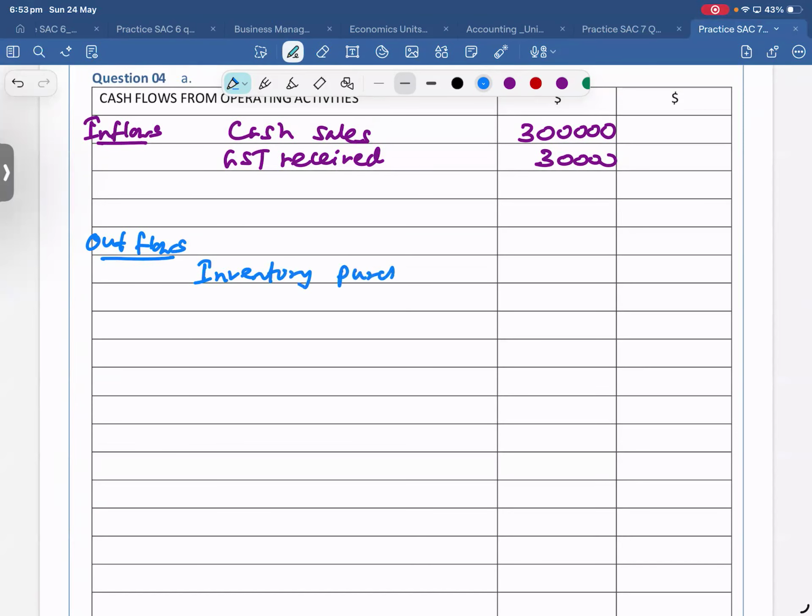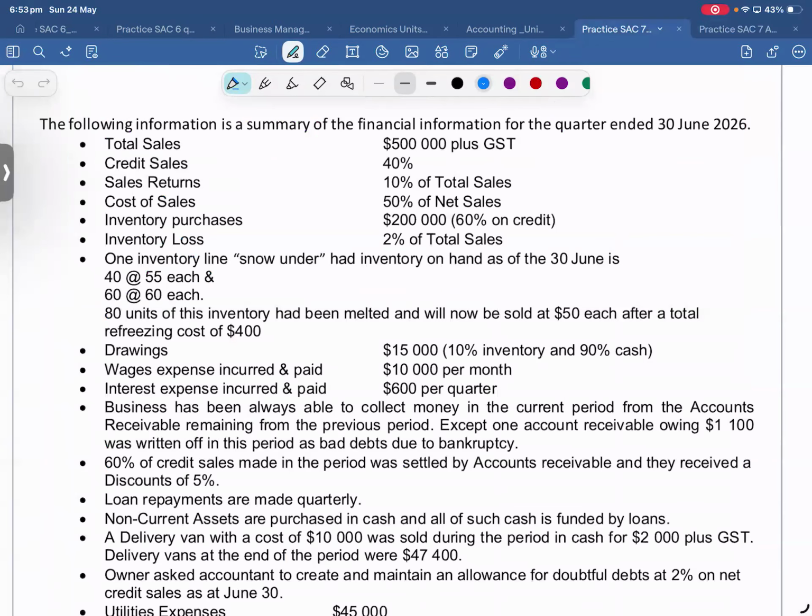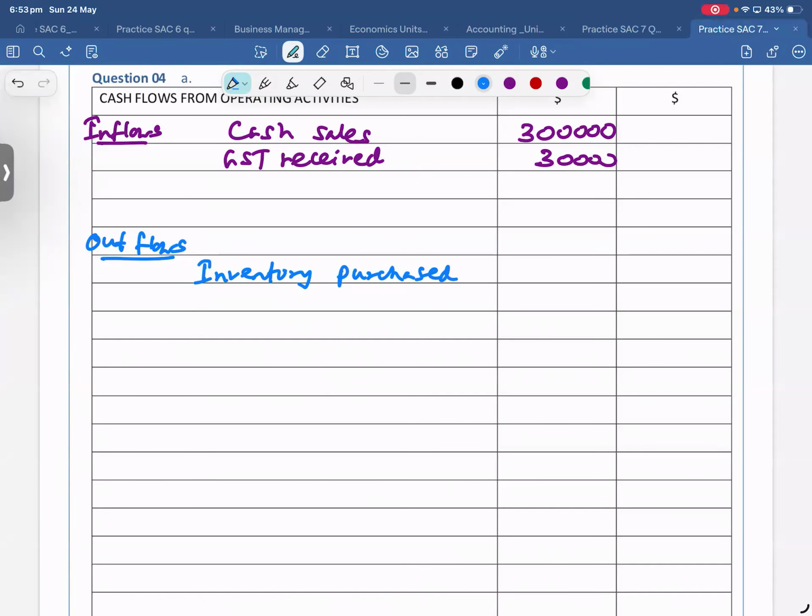We need to maintain inventory purchased 120,000. And then we have GST paid on this, which is 12,000.